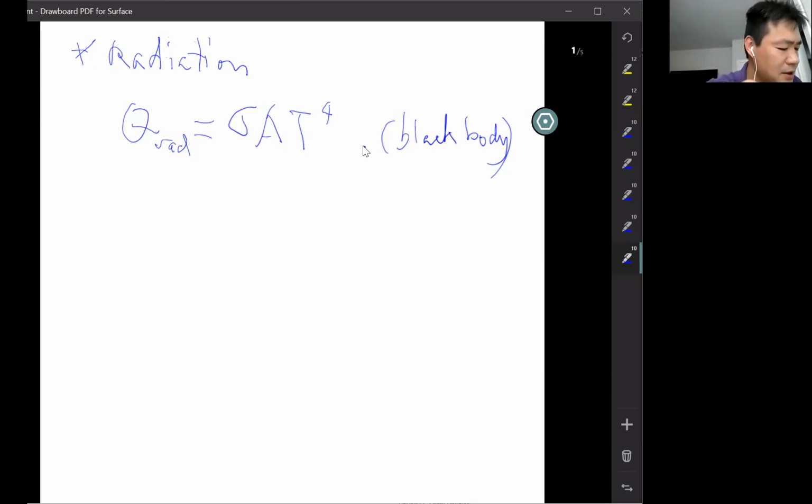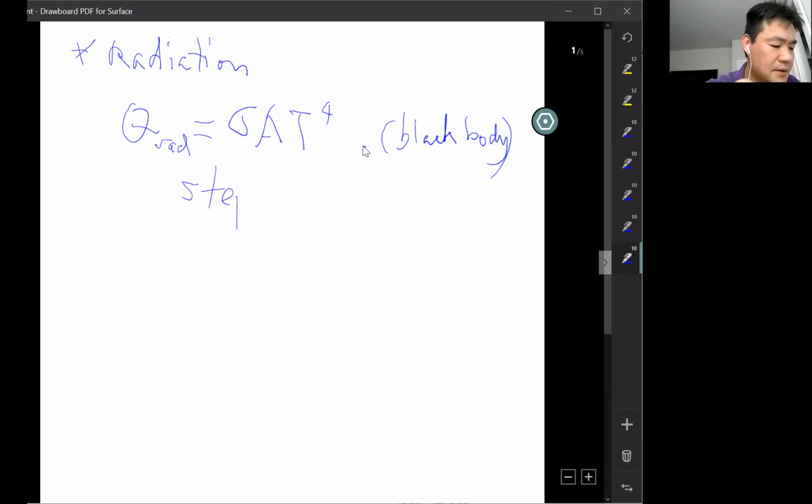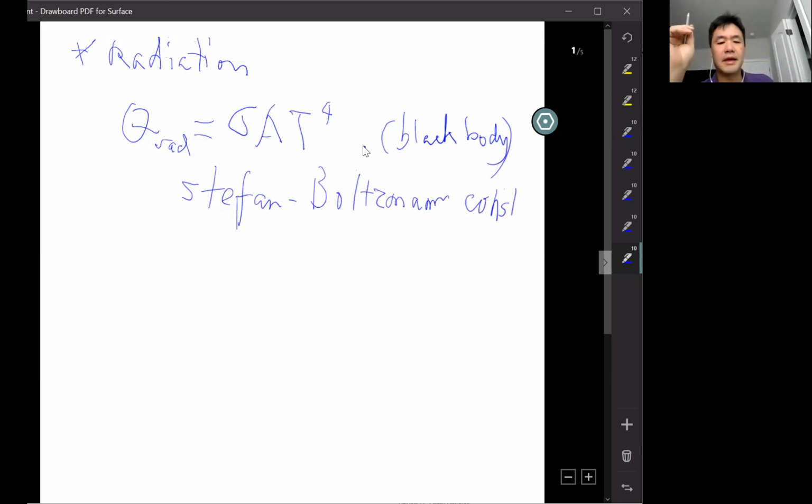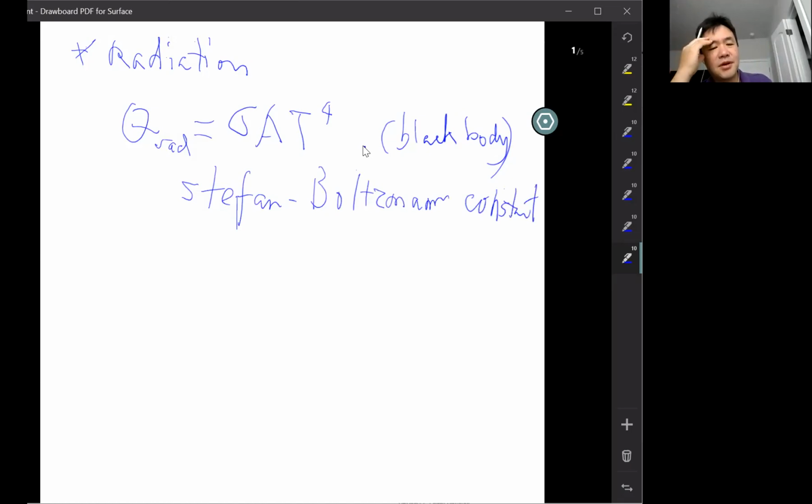Sigma is a coefficient, the Stefan Boltzmann constant. People always know the radiation heat transfer is proportional to the surface area, and it's proportional to temperature.